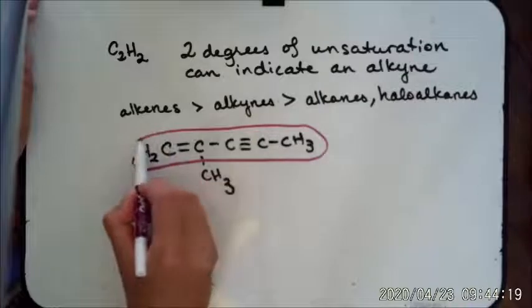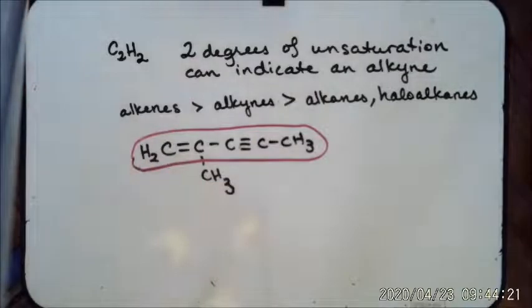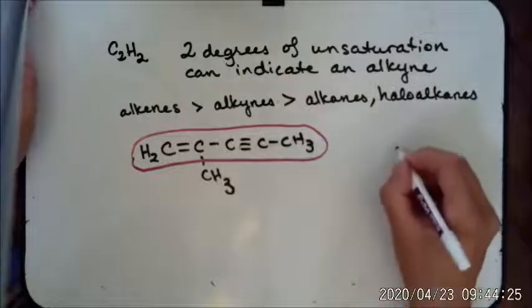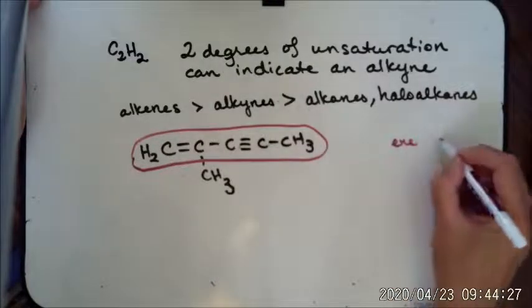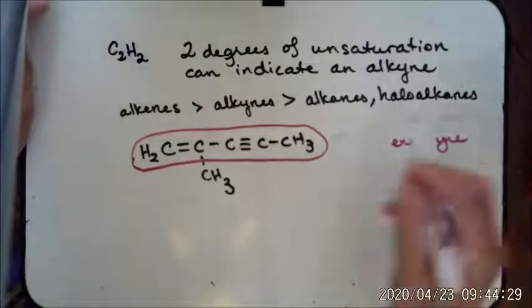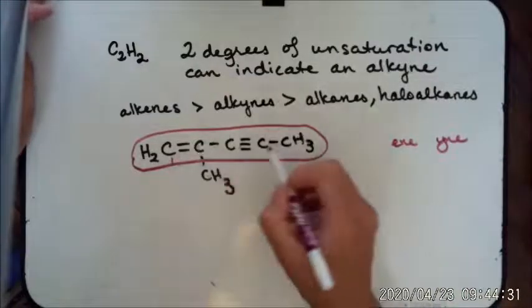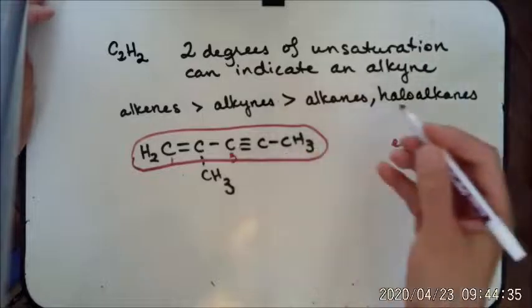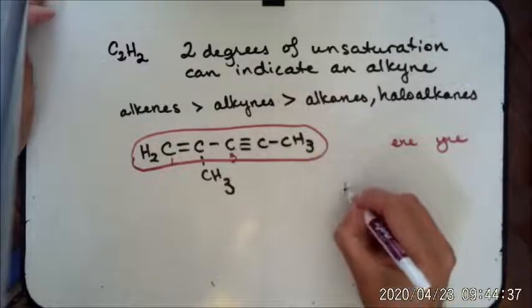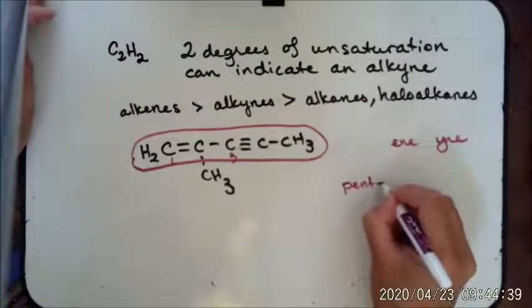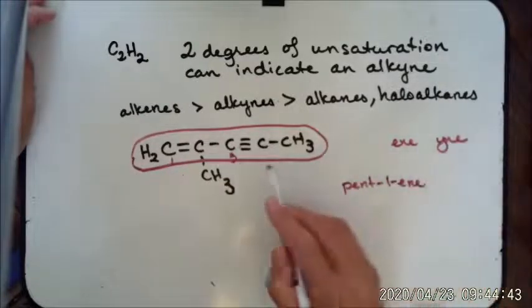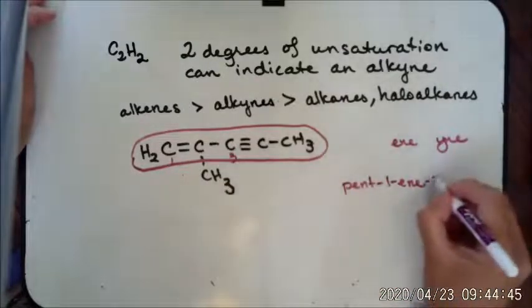So this is pretty straightforward here. I have an ene, okay. This is a 1, 2, 3, 4, 5. So it'd be a pent-1-ene-3-yne.